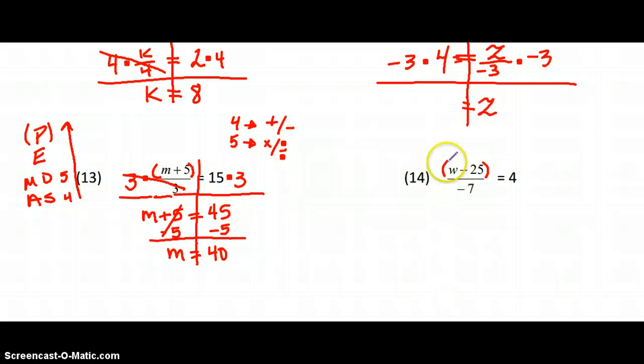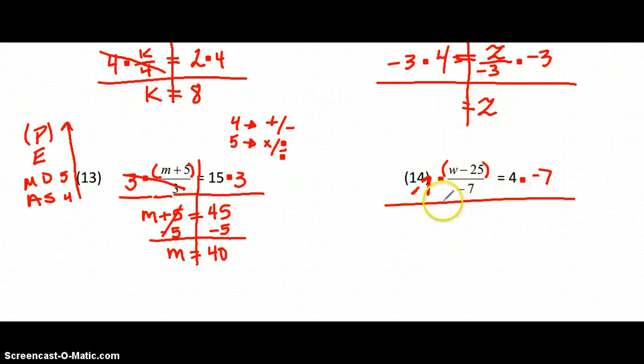No, I'm stuck in parentheses. I cannot do it. So I had to skip to step 5. Dividing by negative 7. Well, the opposite of dividing is multiplying. And I'm multiplying by negative 7. That 14's in the way. I'm multiplying by negative 7.